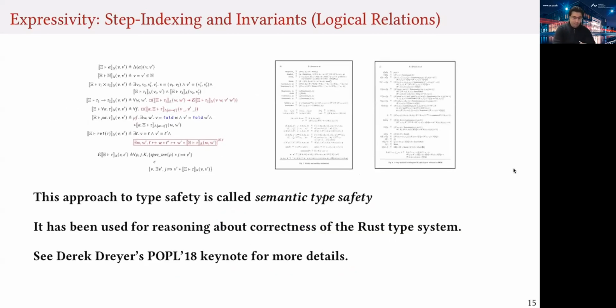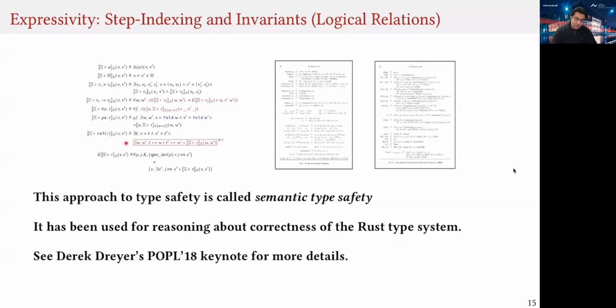Okay, now just to give you an idea of what the difference is, here is a logical relation that is defined for an expressive language with recursive types and polymorphism and references. And here on the other side is a language with the same level of expressivity that is defined in Iris.